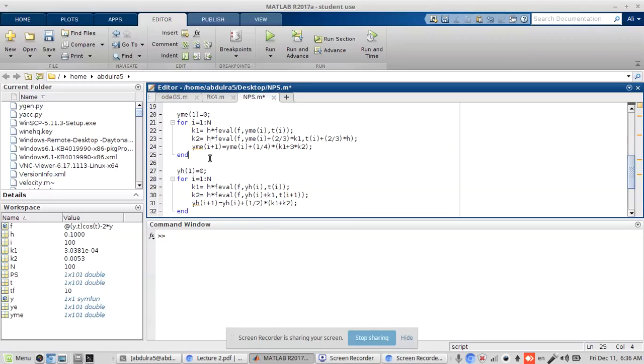I changed this one, but so this will be for the improved Euler method. And this will be for the modified Euler method.